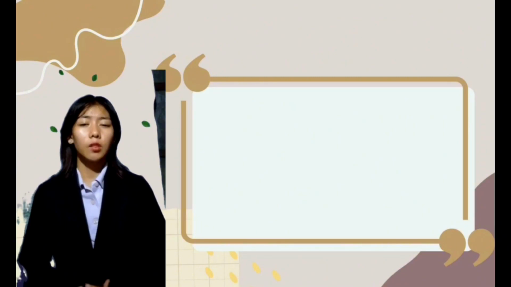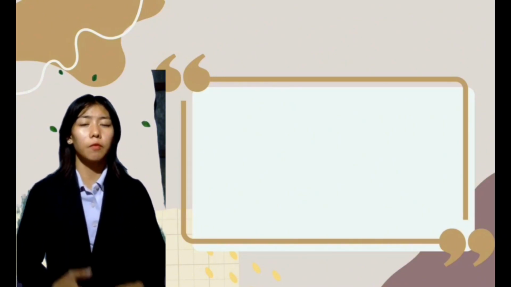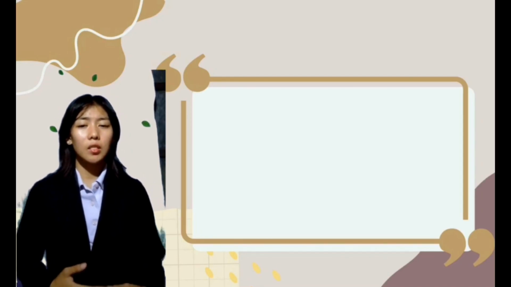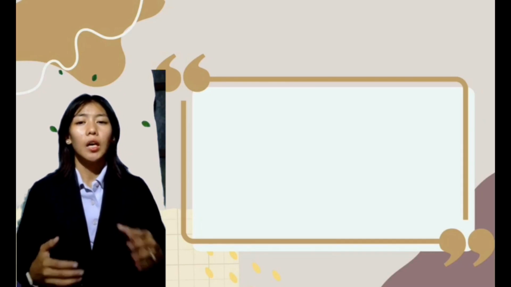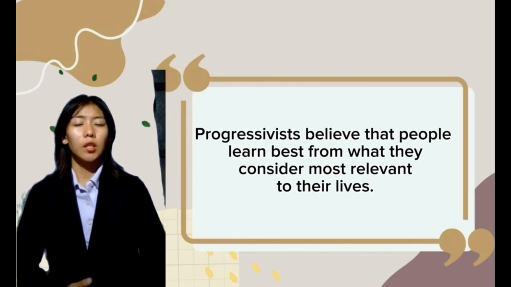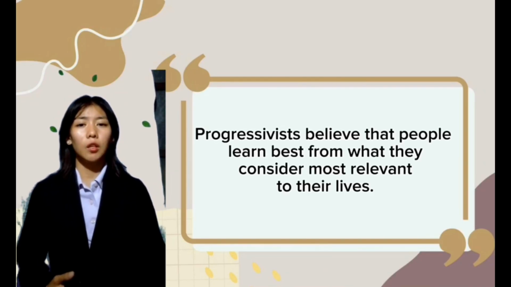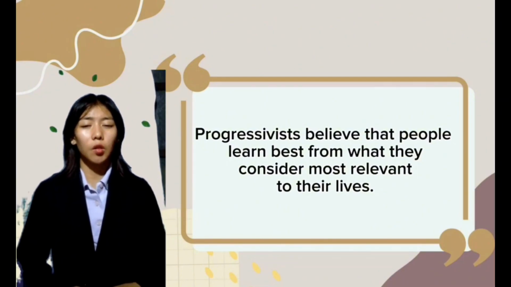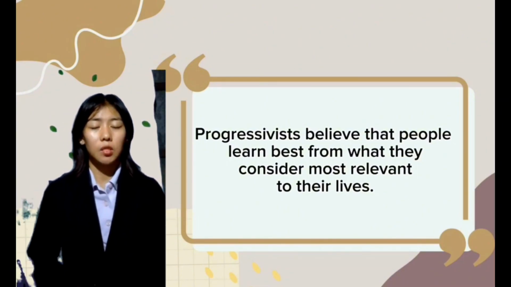When we say progressivism, this emphasizes the concept of progress, which asserts that human beings are capable of improving and perfecting their environment. Progressivism also believes that people learn best from what they consider most relevant to their lives.